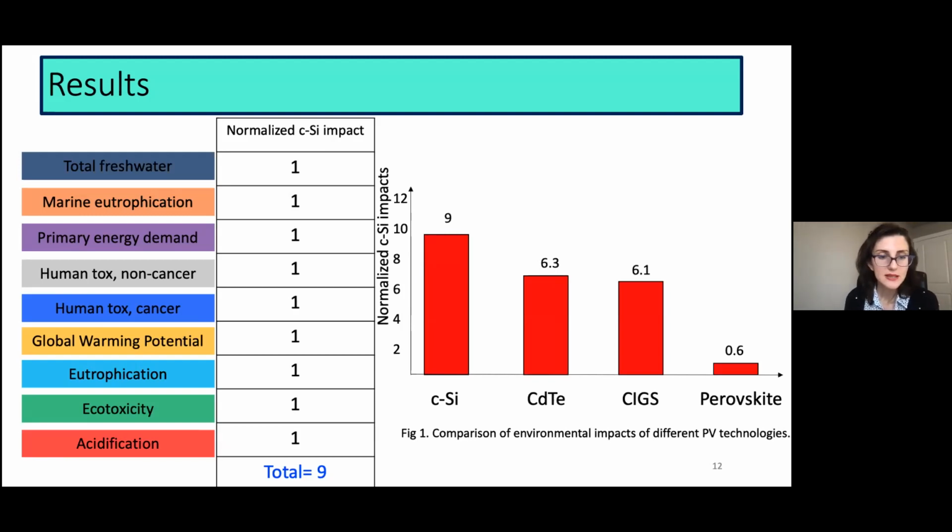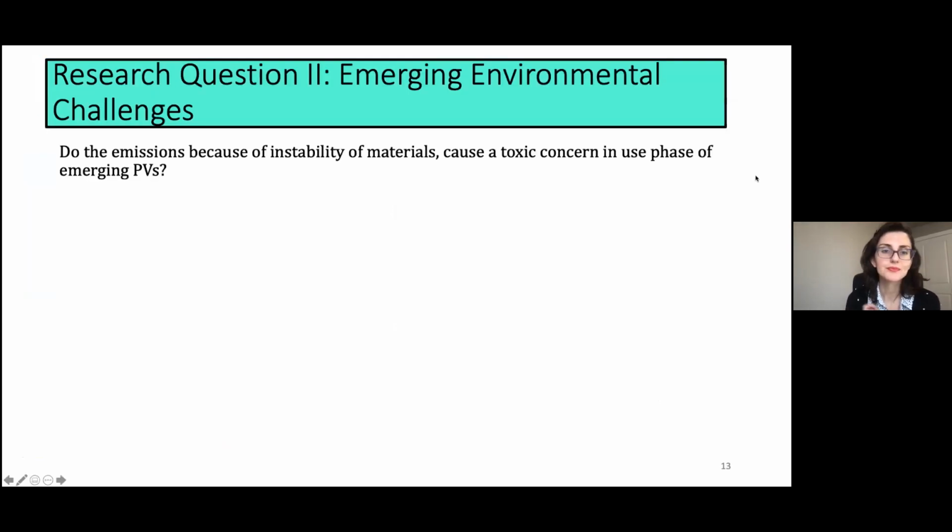They are about a 6 impact range. Now, again, our perovskite technology is 10 times more environmentally friendly compared to other thin film technologies. So there is huge potential for perovskite PV technologies to be a greener solar energy source.